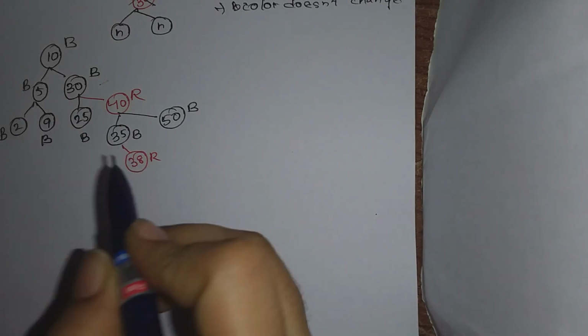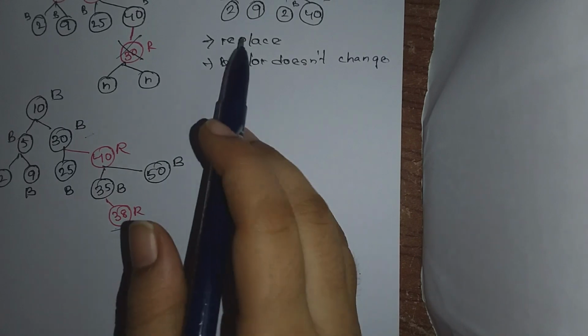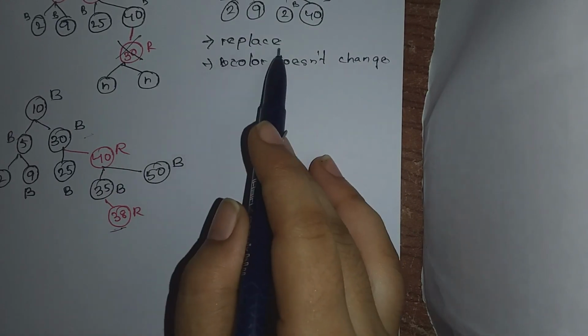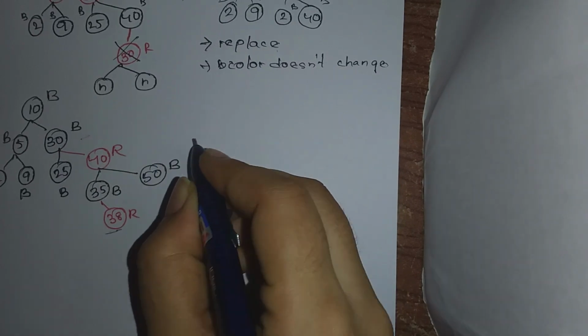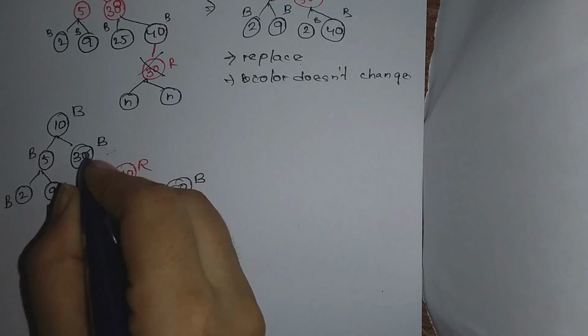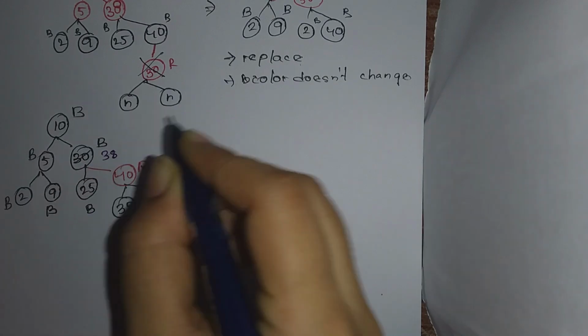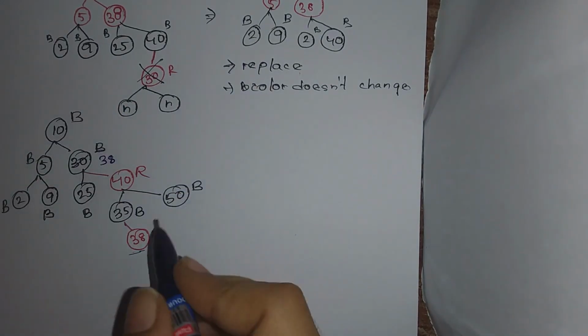So we can replace the values of 30 and 38. The colors of both nodes are not going to change.